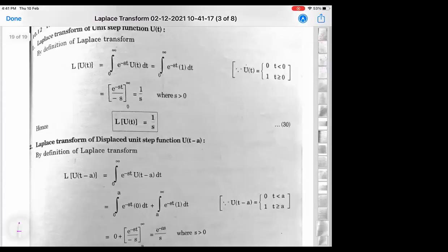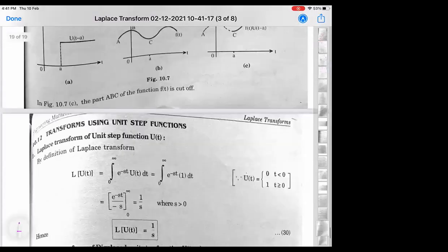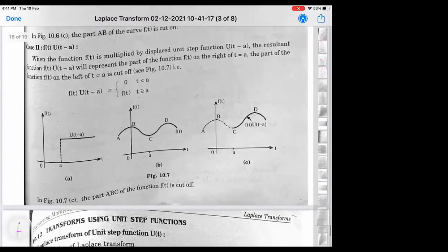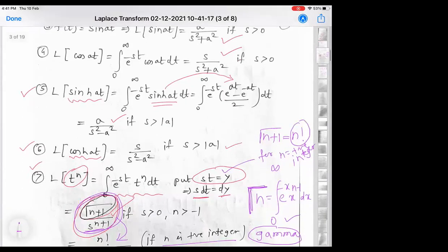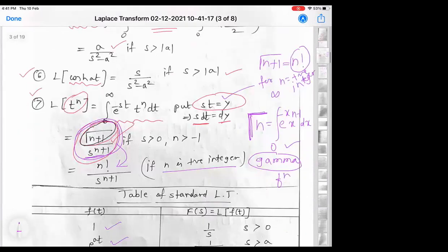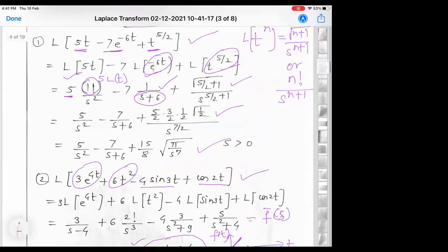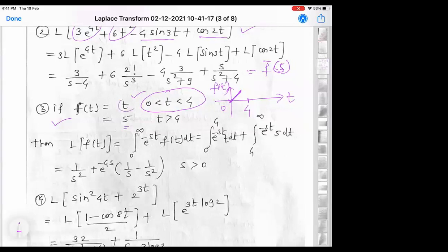You are not bothered about what exactly the graph is, just for your understanding I'm telling. The graph from 0 to 4 has the answer t, so a straight line graph is there. And then further for t towards infinity, 4 to infinity, the answer is 5.